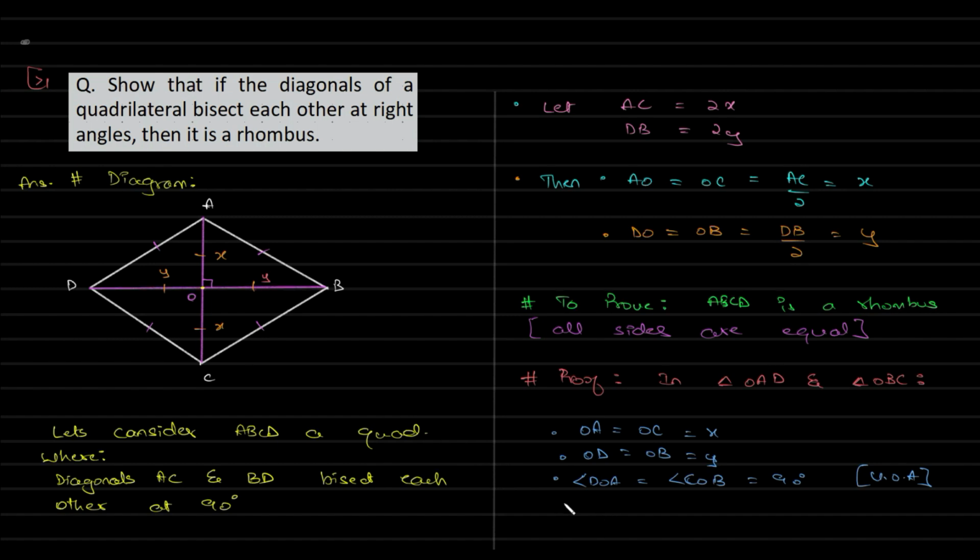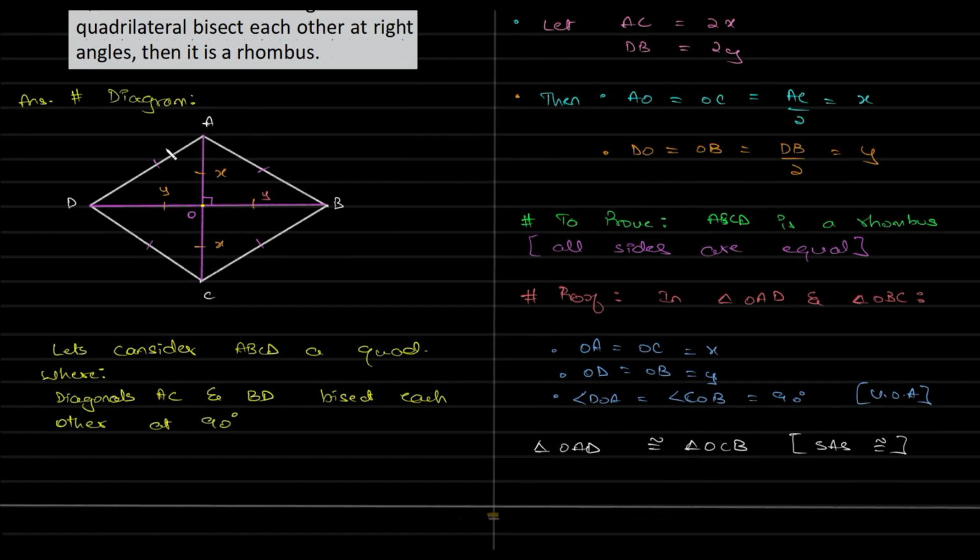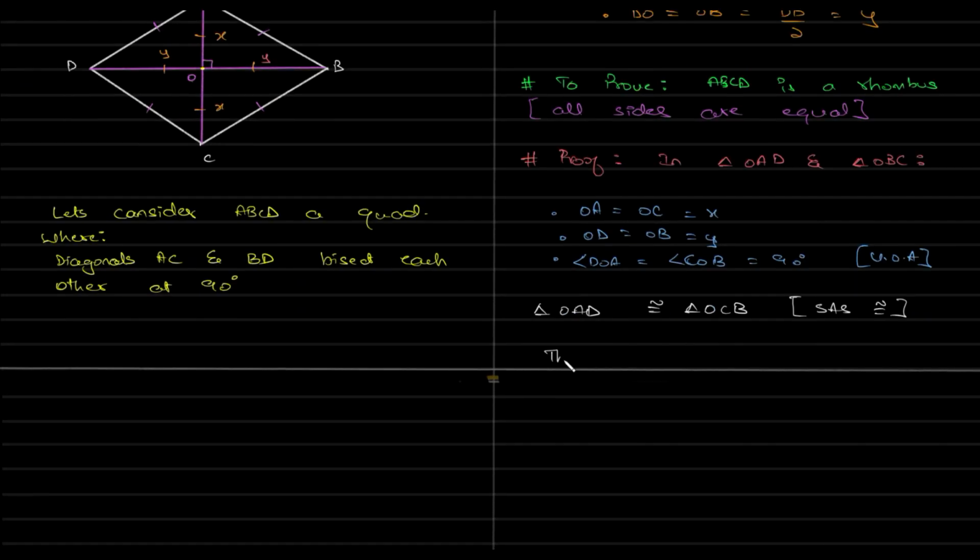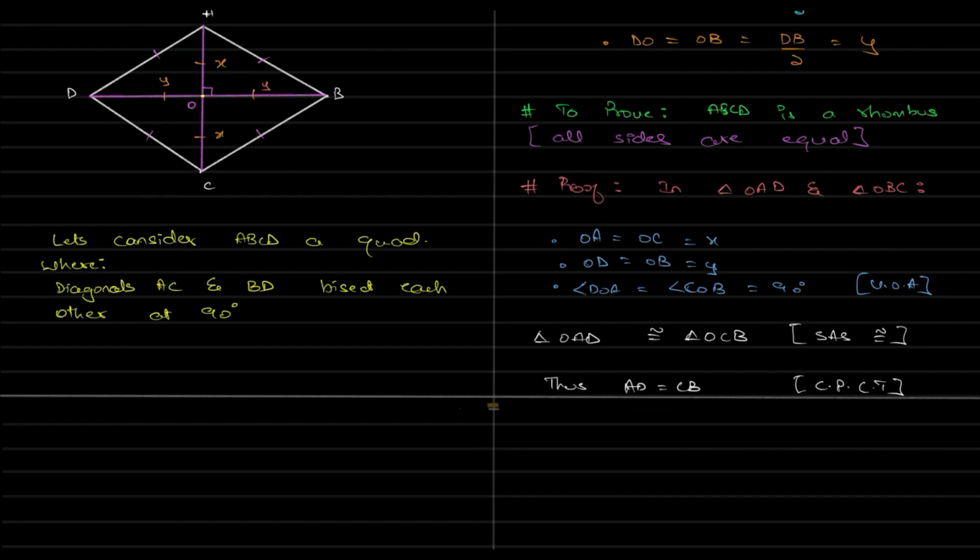Okay, so with all of this in mind, we can tell triangle OAD is congruent to triangle OCB by SAS congruency. And so we can tell AD is equal to CB by CPCT. So we proved these two sides are equal.